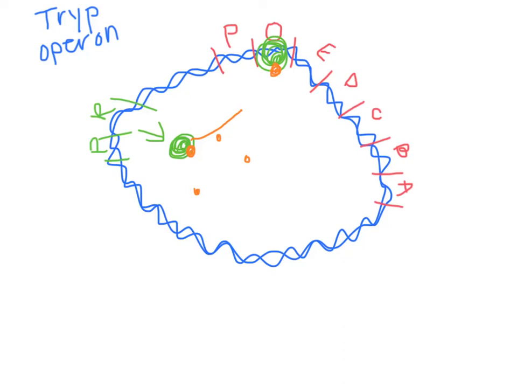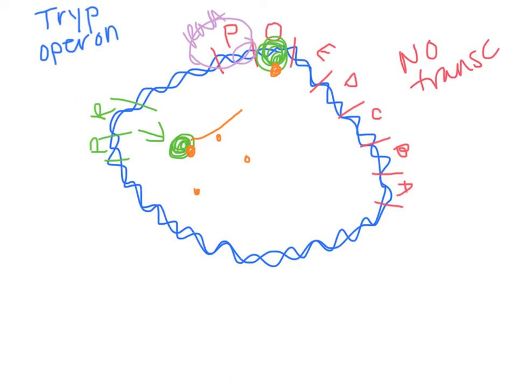It doesn't matter how much sigma and RNA polymerase there is or how well it wants to work, it can't get through, and we do not get transcription. No transcription because that guy is bound to the operator.